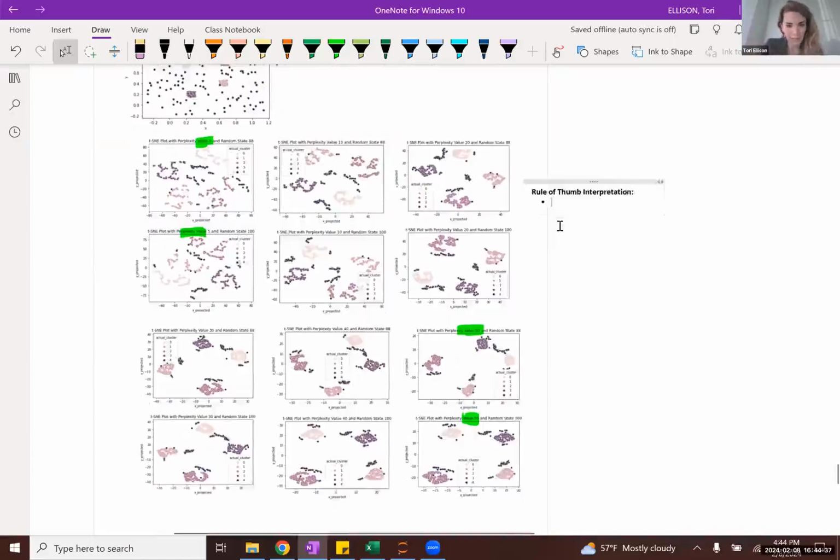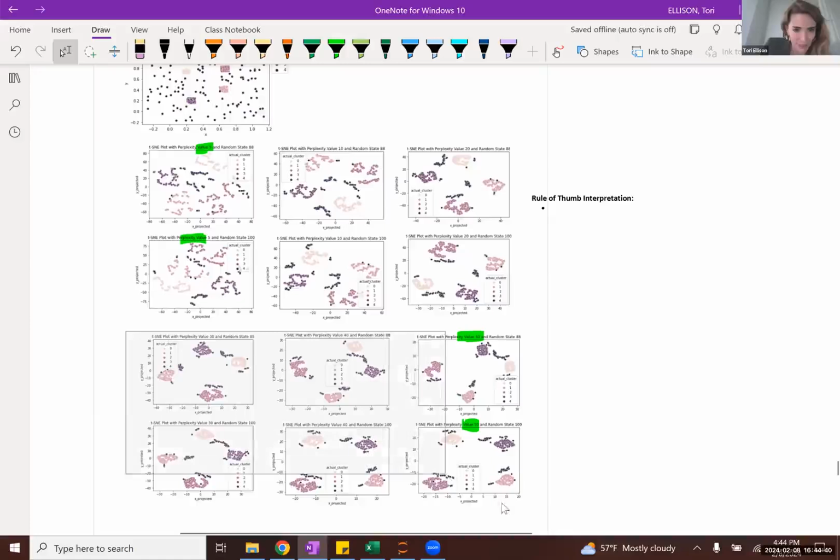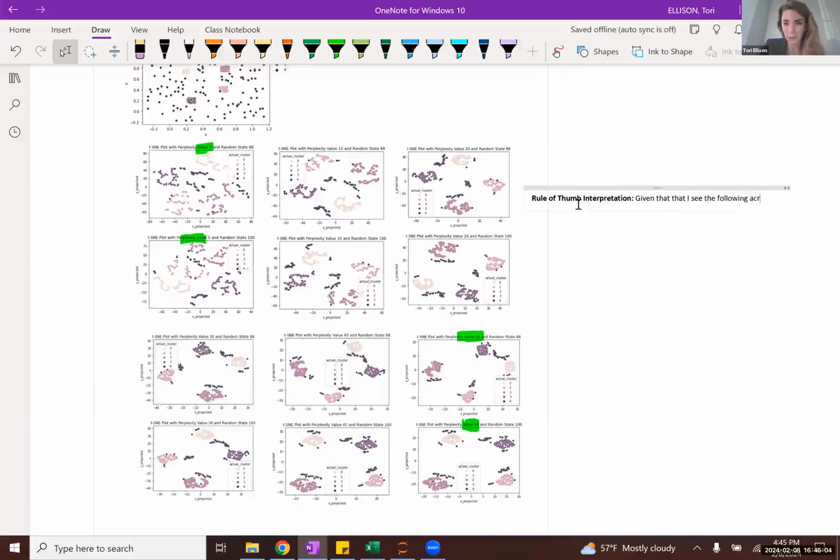So what I might say, for instance, is, okay, given that I'm seeing at least 7 clusters showcasing themselves across multiple perplexity values and multiple random states, particularly those perplexity values between 30 and 50, that might be my misinterpretation.